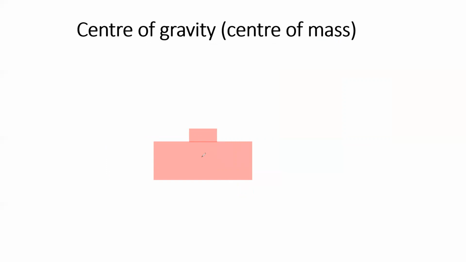So what could be the likely center of the mass? Because in this object, more mass is there at the bottom. Equal distribution of the mass means equal distribution of the particles.